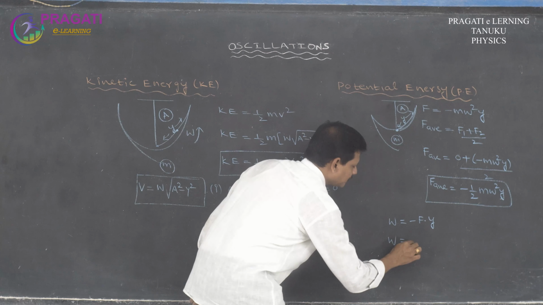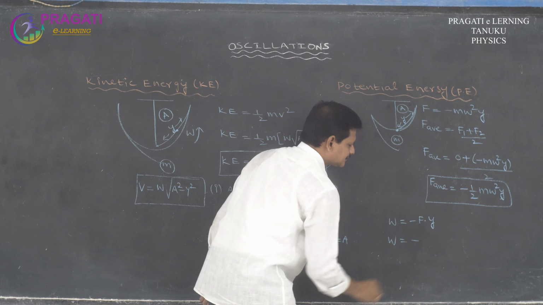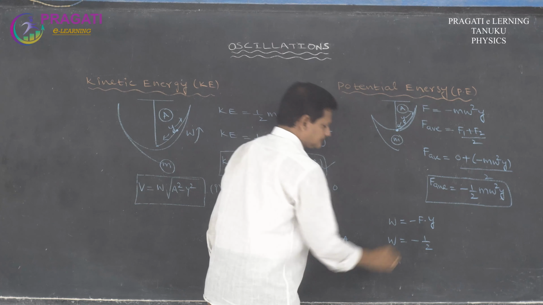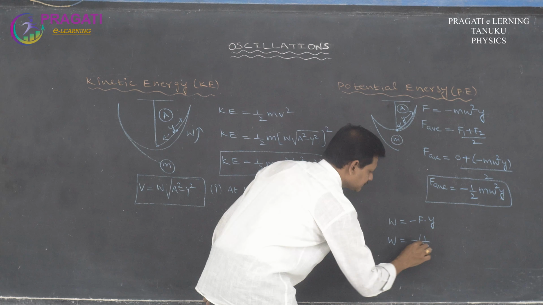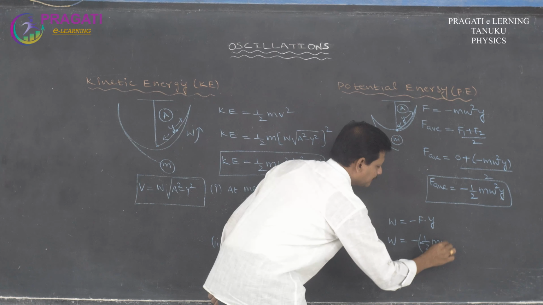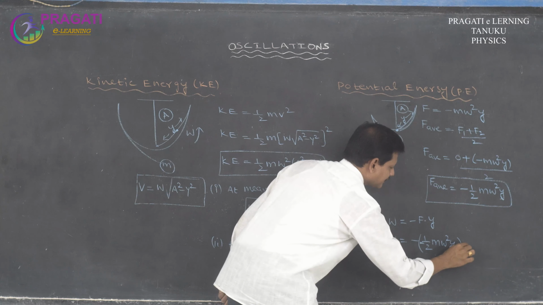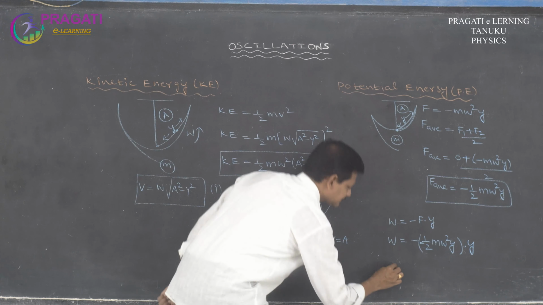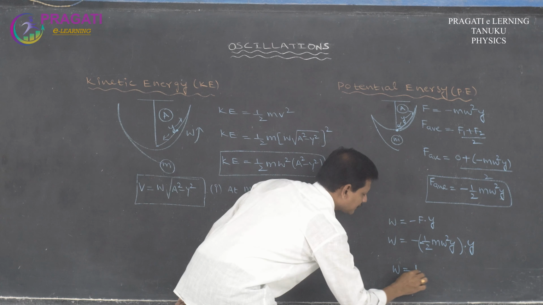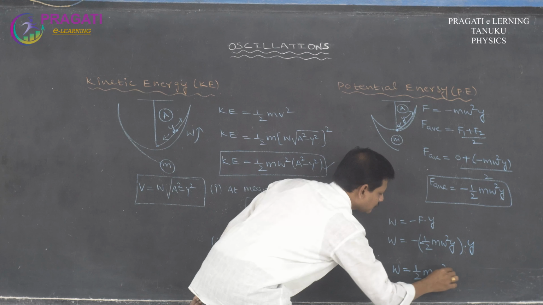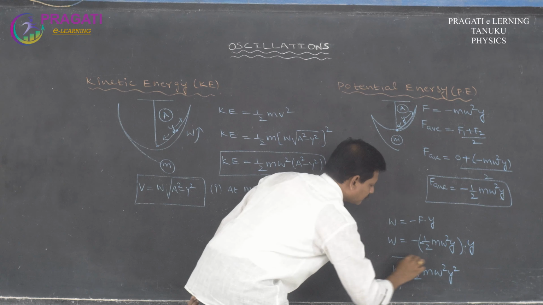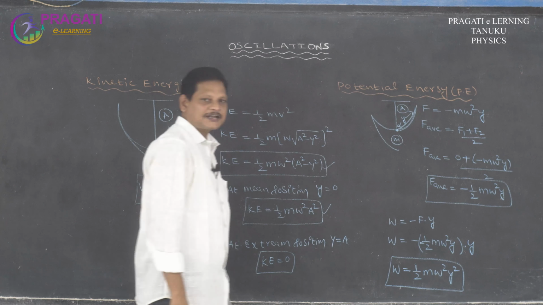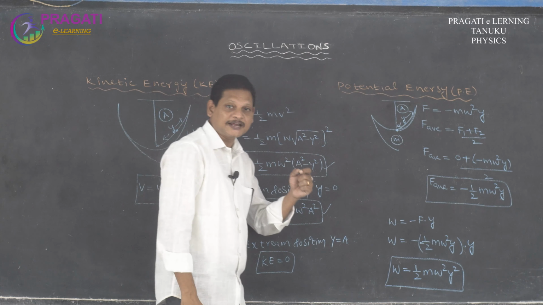So W is equal to, we know F average force is minus 1 by 2 m omega square y into y, minus of minus plus, W is equal to half m omega square y square. Work done against the restoring force is stored as a potential energy of the particle.